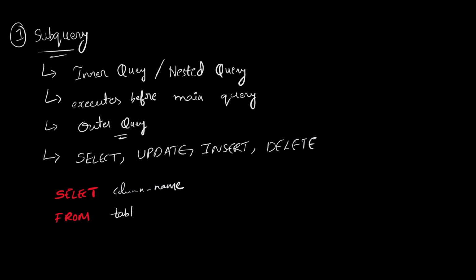So we will have the table name, then we will have a condition. Inside this condition, we will specify the column name equal to, and this is where our subquery will be present. And here we will write our subquery.